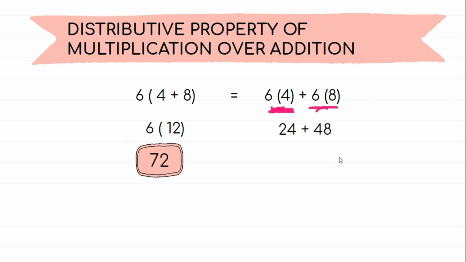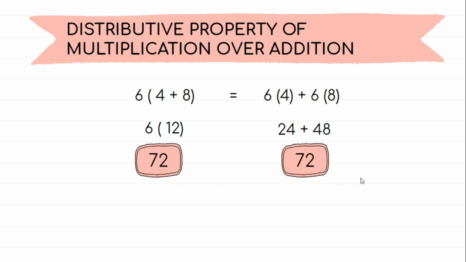So, what is 24 plus 48? So, still 72. Meaning to say, distributive property of multiplication over addition, pwede din nating i-distribute muna yung nasa labas na number before we multiply, before we add. So, we have here 72. Mapupunta tayo sa same answer.